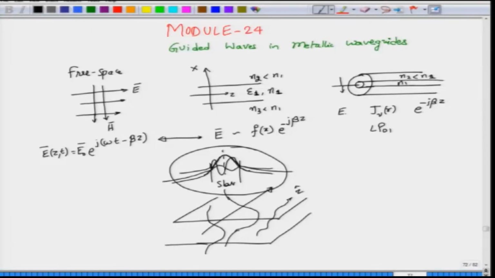The point with this optical fiber is that in general you have all three components E r, E phi and E z. In the weak guiding approximation you can have only E r and E phi, but there will be a very weak E z or weak H z depending on which mode you are looking at.